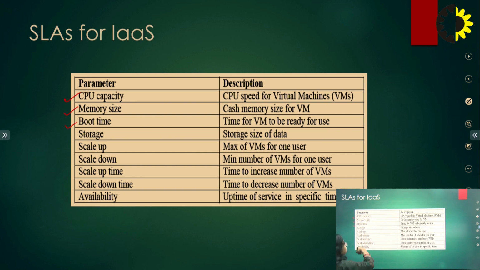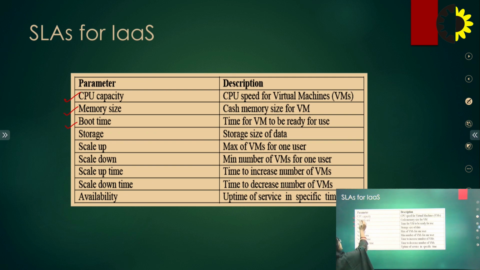For example, the performance check is on CPU capacity, meaning CPU speed for virtual machines, how much CPU speed is given by the virtual machines, memory size, cache memory size for virtual machines, and boot time for the virtual machine to be ready for use.